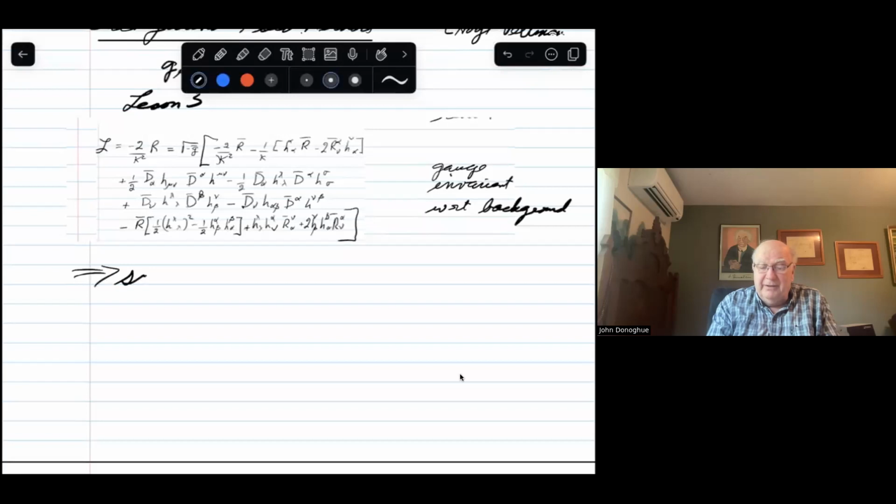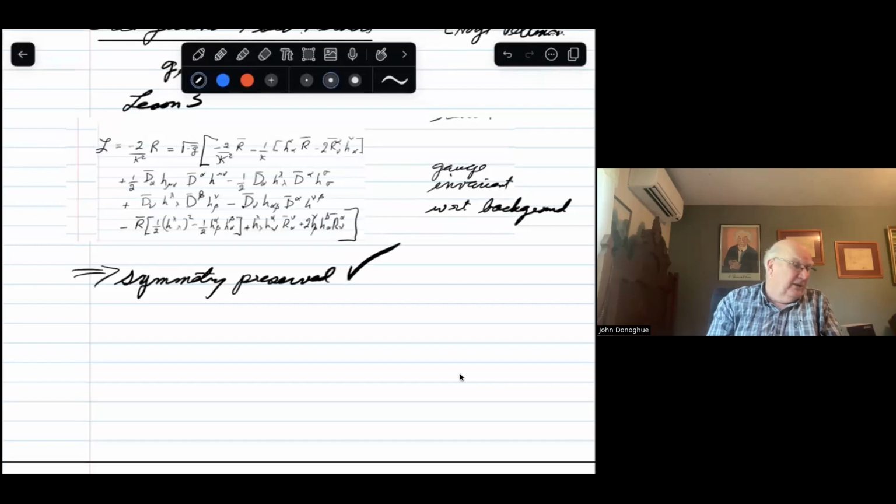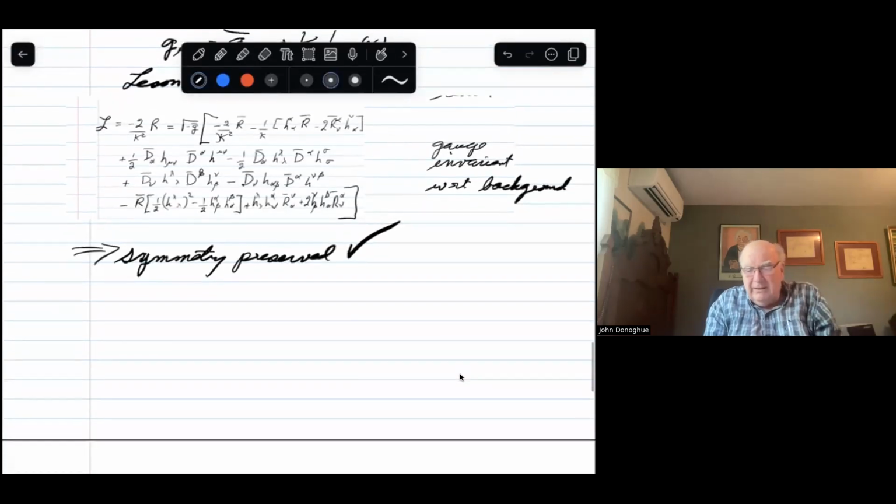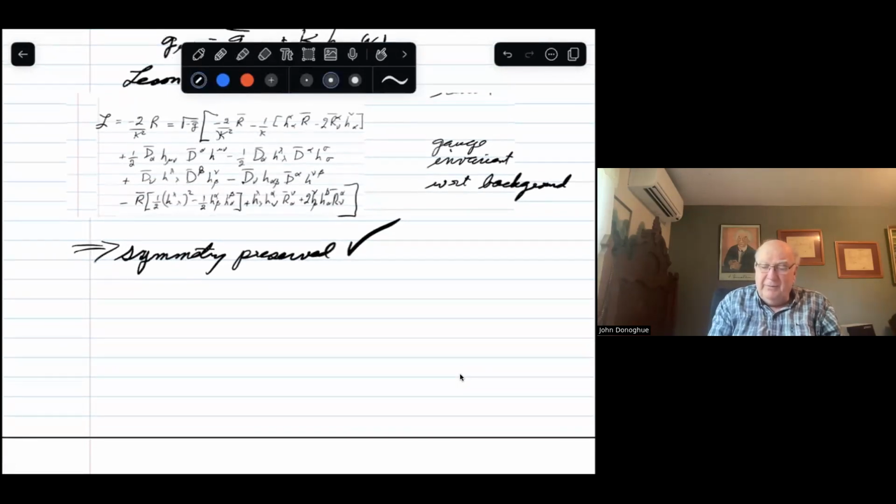So in fact, the symmetry is preserved. So that's good. If I start trying to look at this, it turns out it's also very similar to the massive scalar field that I did for you in lesson 4.